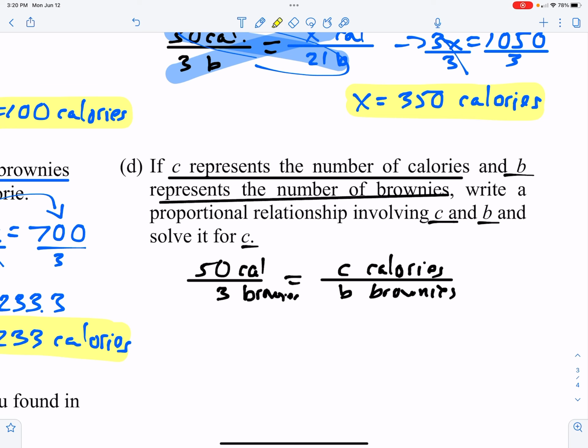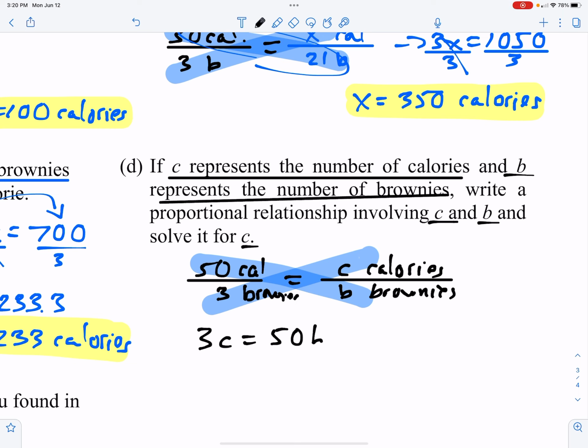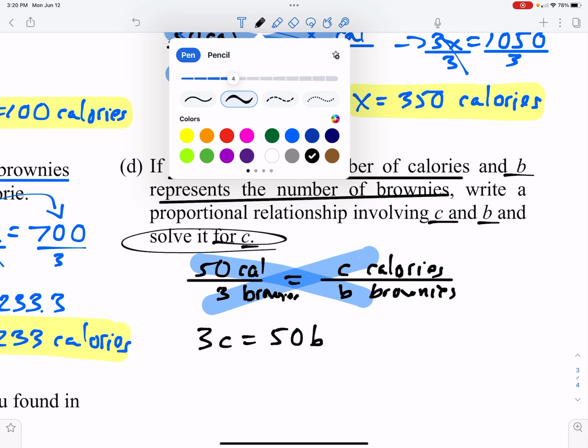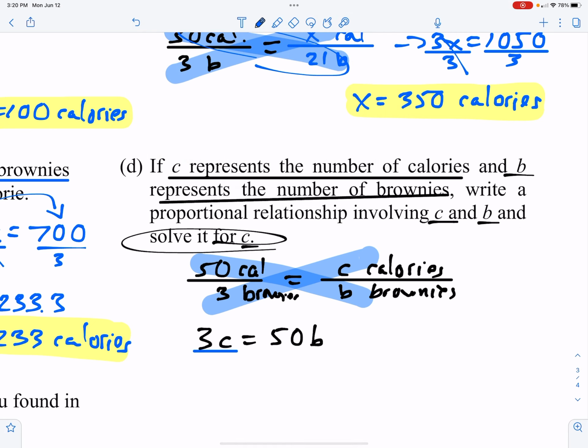Again, if we cross multiply, we're looking at 3 times C equals 50 times B. We're trying to solve it for C, so we're going to divide both sides by 3.